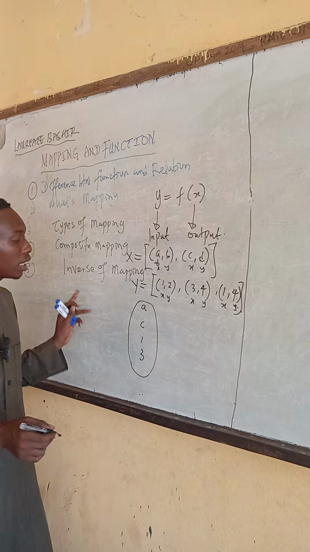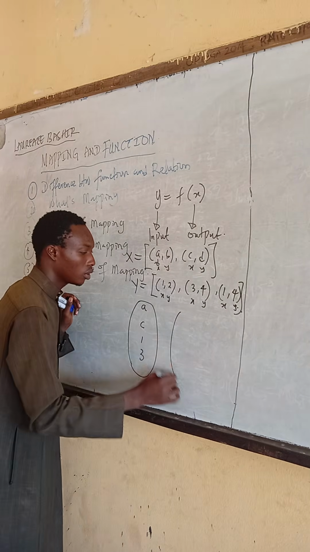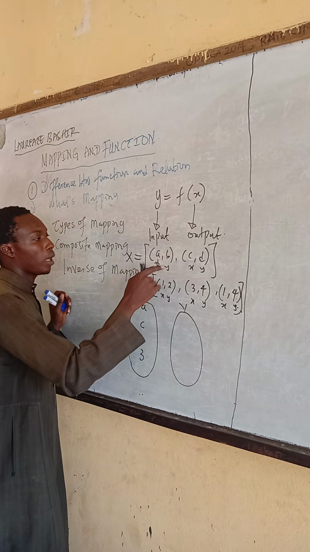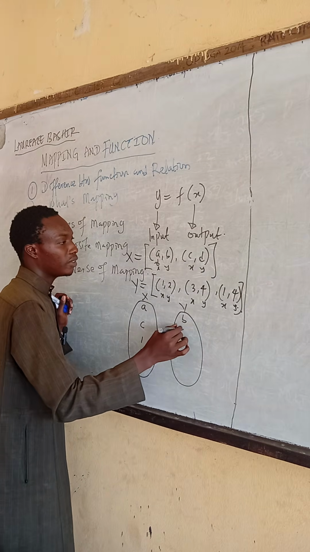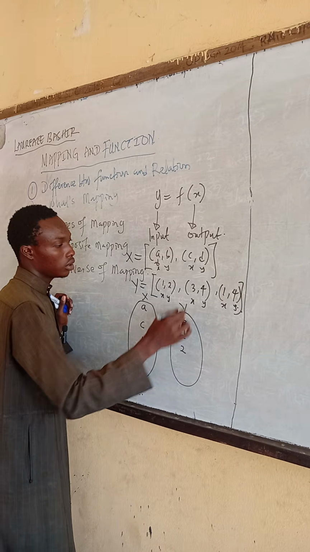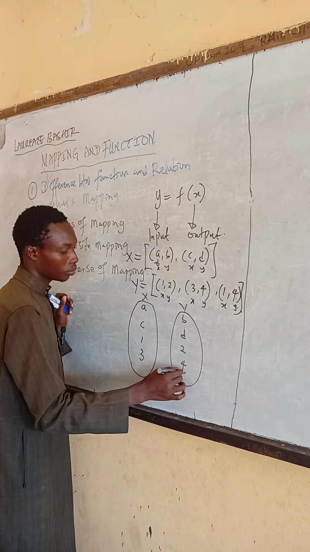I don't need to write it twice. Then for my y, I have b, the second one d, the third one 2, and 4.